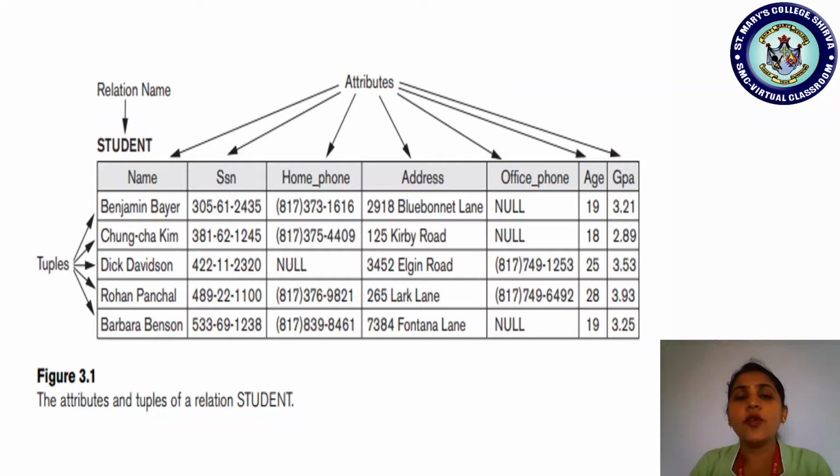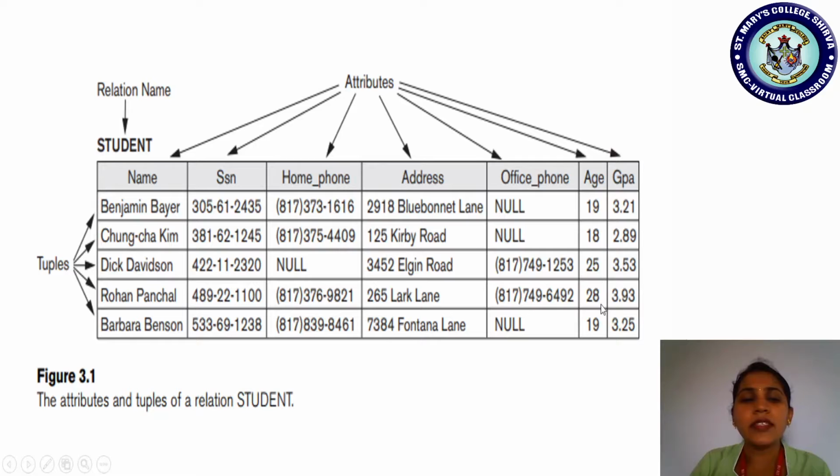Did you all understand? Maybe I'll give the condition like this. Just check out here. Age is 19, 18, 25, 28, 19. If I give the condition, display the records from the student relation where the age is greater than 20, which records have to be selected?